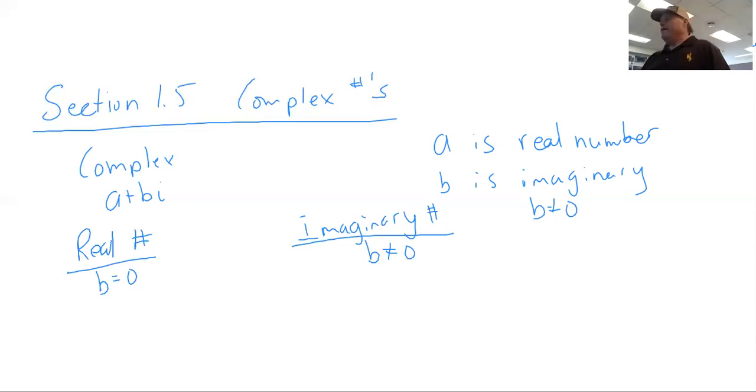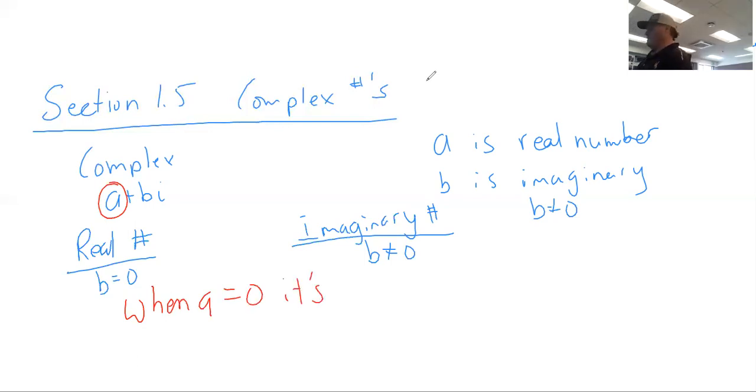When this number here, a, is equal to 0, it's a pure imaginary number.